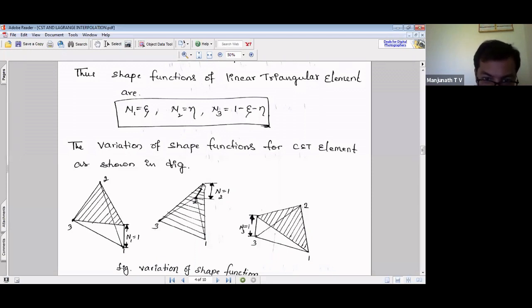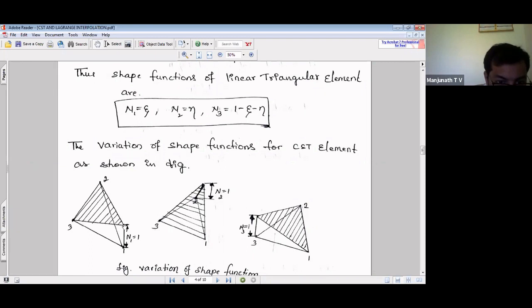In this particular direction the n2 value is equal to 1, and from this point connecting to node number 1 and node number 3 shows that the n2 value decreases towards node number 1 and node number 3.